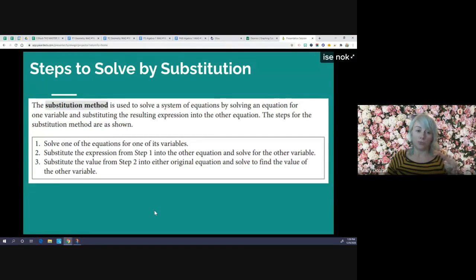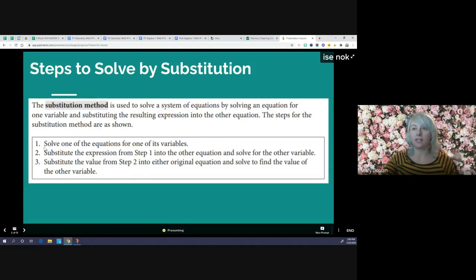Step two, you're going to substitute the expression from step one into the other equation that you didn't choose. And then you'll be able to solve that equation for one of your variables. Step three, substitute back into one of your original equations to find the value of the other variable. You're going to see what this looks like, so it'll make more sense.